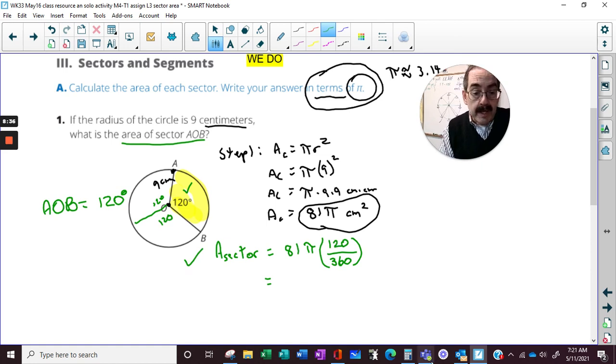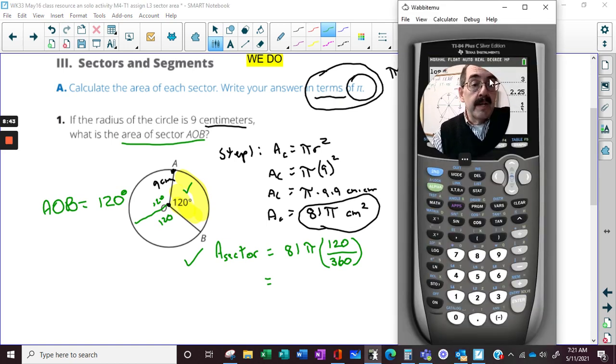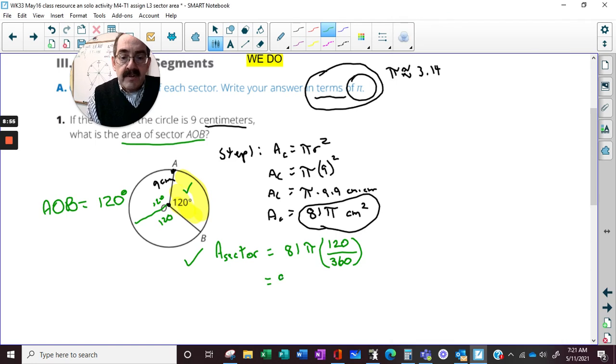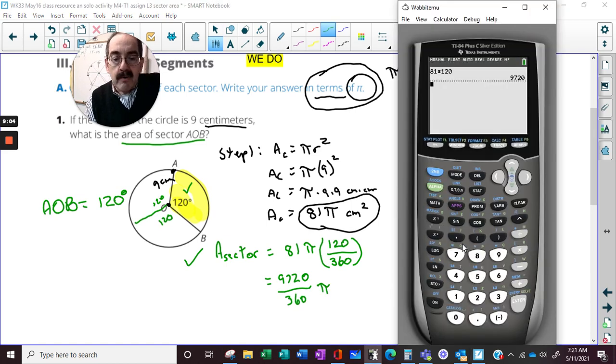81 times 120. I'm going to use the fancy calculator because it simplifies for us if we need. So let's just go 81 times 120, and we'll get 9720 over the 360, and we're going to leave the pi. Remember your fancy calculator, if you're not used to simplifying, we'll just divide by 360.